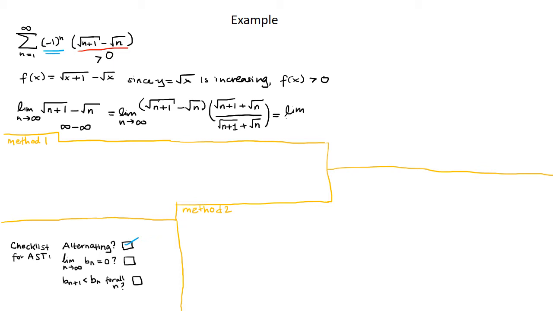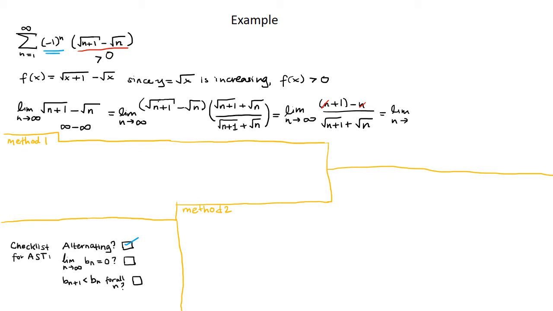We can simplify this, and we're left with n plus 1 minus n over the square root of n plus 1 plus the square root of n. We simplify, right? You can see that this n and negative n are going to cancel out.